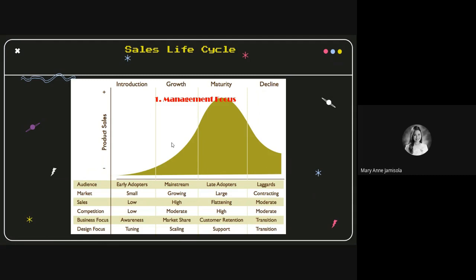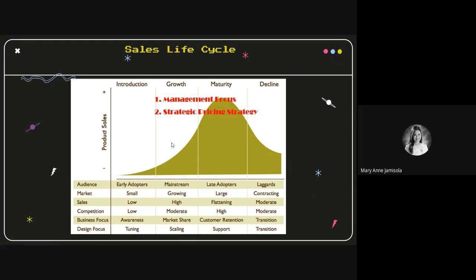In the third and fourth phases, management's attention turns to cost control, quality, and service as the market continues to become more competitive. Thus, the firm's strategy for the product or service changes over the sales life cycle. So, from differentiation in the early phases, then to cost leadership in the final phases.